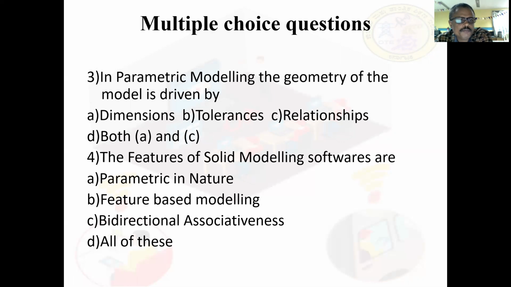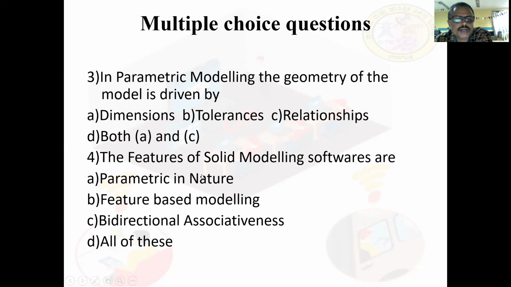Next question for you. The features of solid modeling softwares are, first one, parametric in nature. Second one, feature-based modeling. Then bidirectional associativeness. Then all of this. So the four options are there. Let us understand one by one. What is parametric in nature?